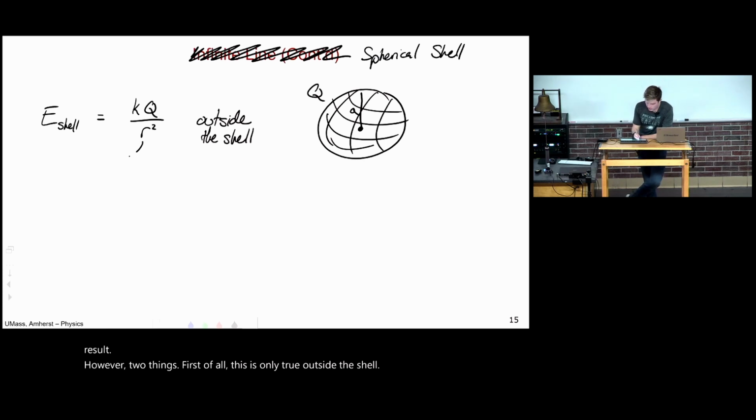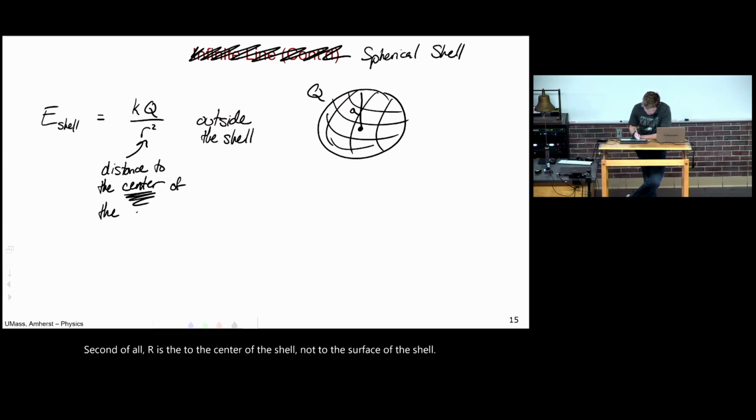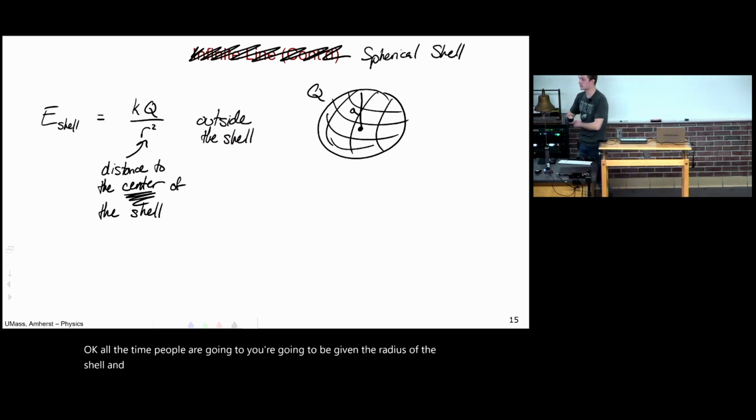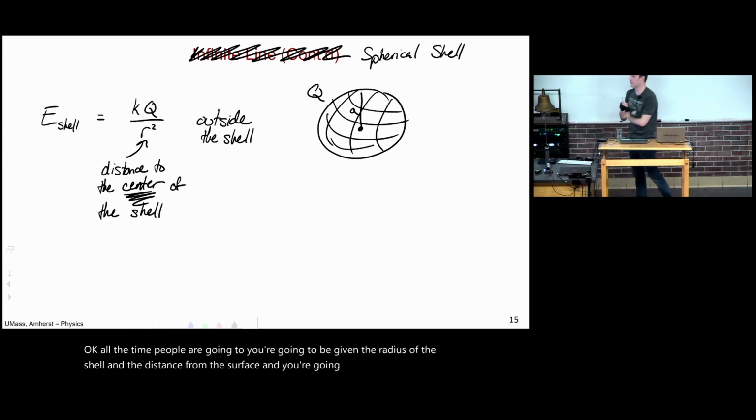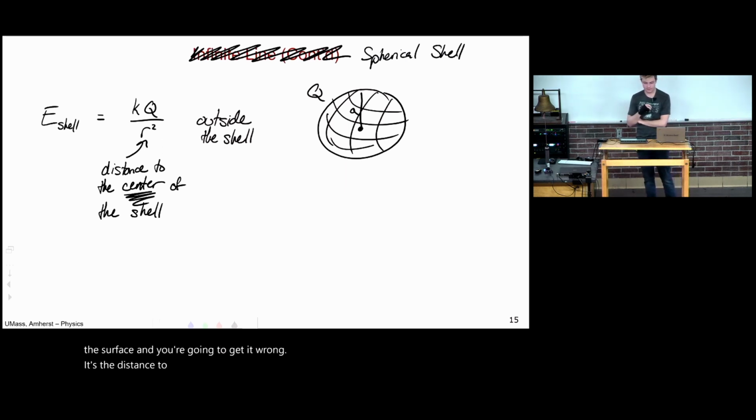Second of all, r is the distance to the center of the shell, not to the surface of the shell. All the time you're going to be given the radius of the shell and the distance from the surface, and you're going to plug in the distance to the surface and you're going to get it wrong. It's the distance to the center of the shell.